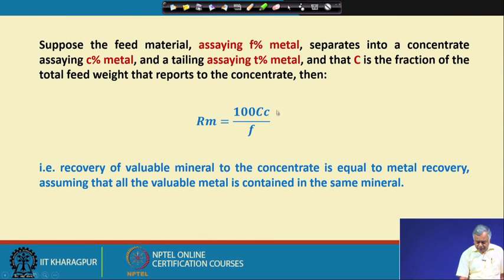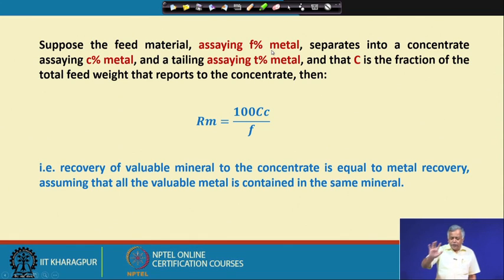If I put some numbers, I can easily calculate that. Suppose I have got 100 tons of material we are feeding, having 5% of this metal. So that means you have 100 tons and 5% of this metal, and you have upgraded it to a concentrate grade of 20% of this metal, but the weight of that has been reduced to 20 tons. So, in 100 tons, 5% means you have got 5 tons of this metal.